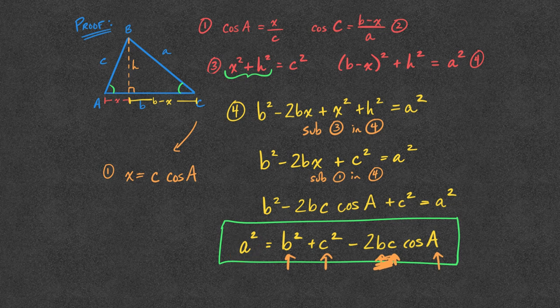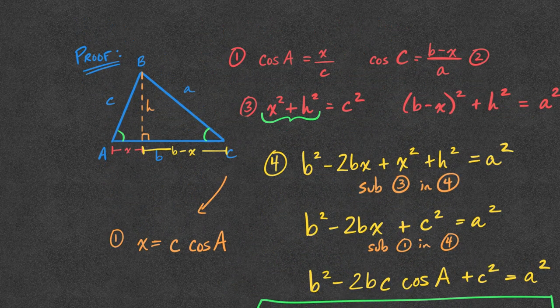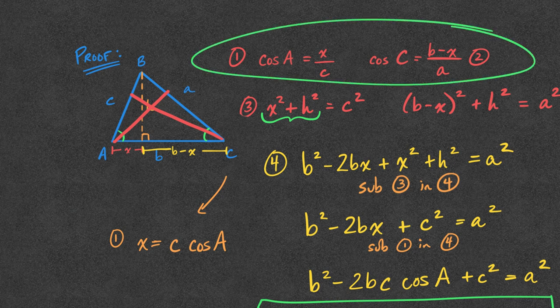That is more useful than what we had before. Okay, also, if we go back up to my diagram for a second, remember how we dropped in our h? We created an altitude from B? Just like in sine law, you could have created an h from A or an h from C. That would have divvied up your angles in different ways, which would have caused you to create different equations 1 and 2.